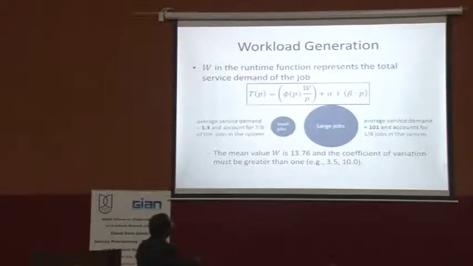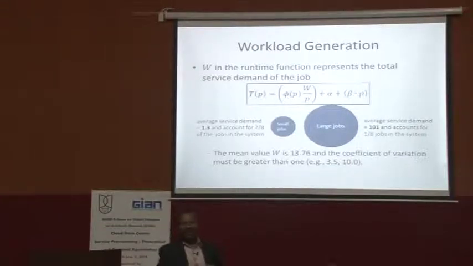Yesterday I talked about the coefficient of variation also. What this basically means is that if we increase the workload variation, how much the allocation is affected, how sensitive the allocation is. So you have the allocation, the scheduler. The scheduler is sensitive to many things. One of them is the coefficient of variation of the workload. So if you vary the coefficient of variation, then it may have some impact. So when we want to study the sensitivity of the scheduler, we actually vary the coefficient of variation.